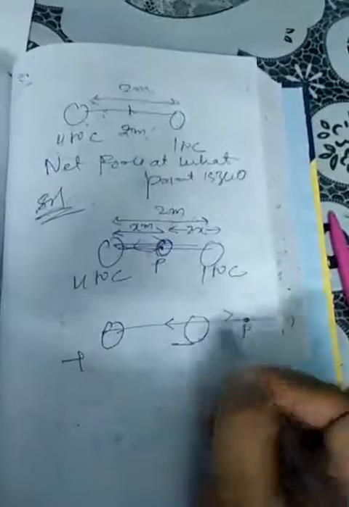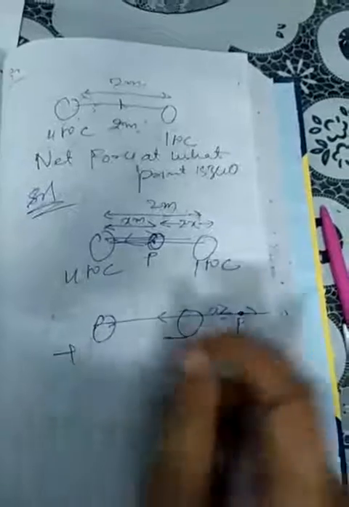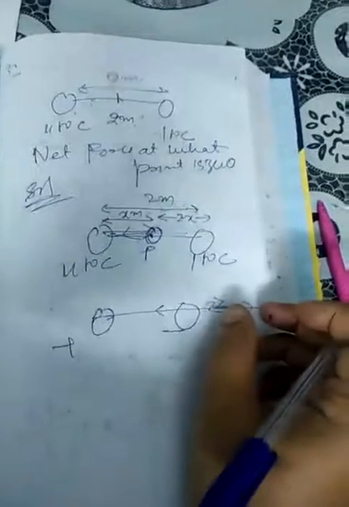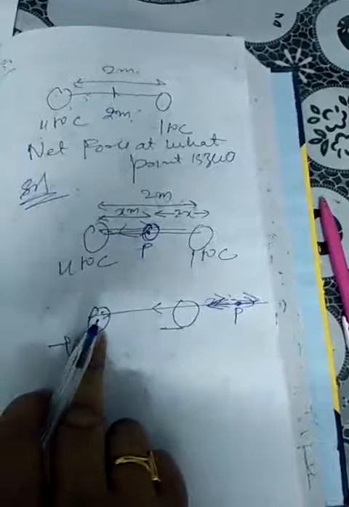So the charge should be placed somewhere in between, because of the opposite charges, the net force at that point will be 0, as it attracts the charge. But that depends upon the magnitude of the charge.